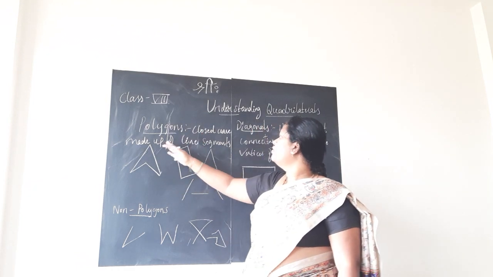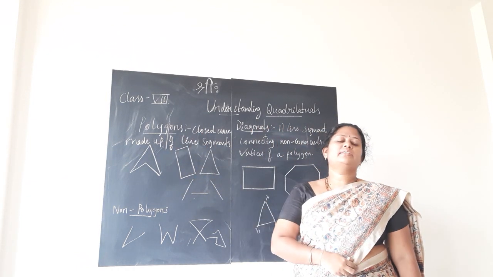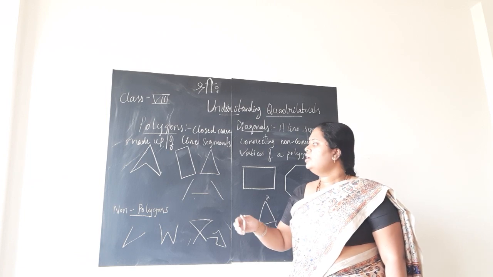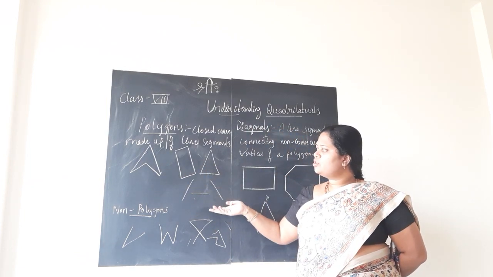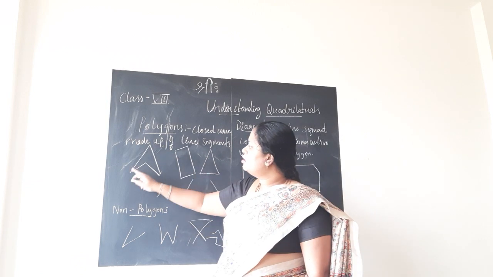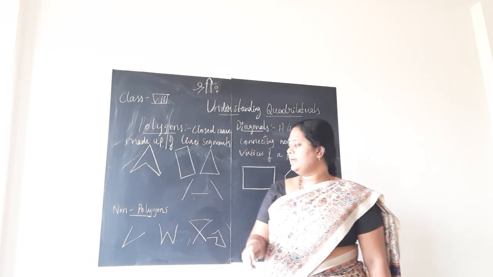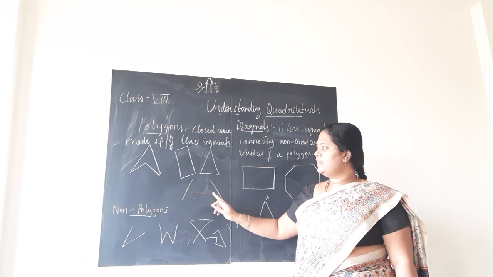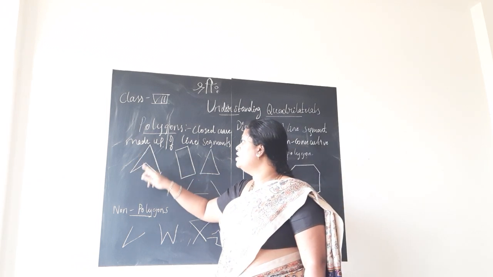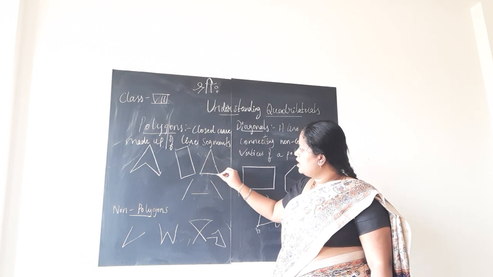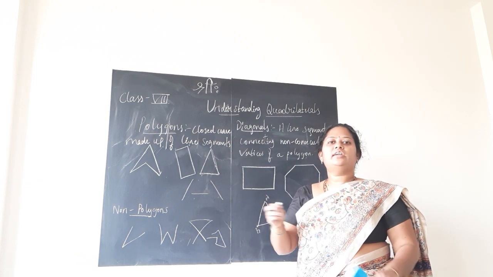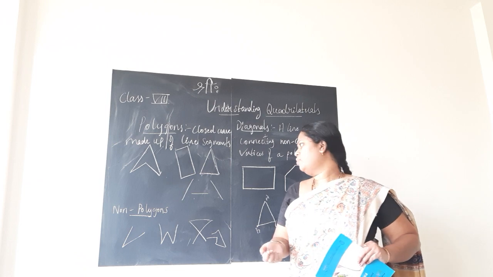So a closed curve made up of such line segments is called a polygon. Here on the board I have drawn different types of polygons. It should be a closed figure. It should not have open ends like this. See, this is a triangle, 3 line segments, and it is a closed figure, hence it is a polygon.